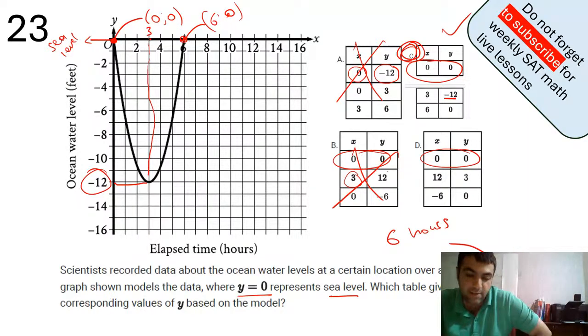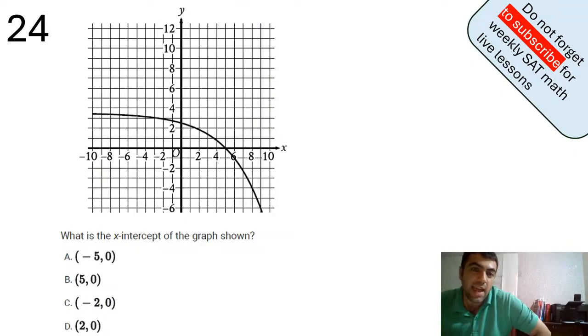Okay. Next question. What's the x-intercept of the graph shown? X-intercept. Mr. Saif says it is D, and Mr. Shah says it is A. X-intercept means, guys, the point where the graph crosses the x-axis, this point.